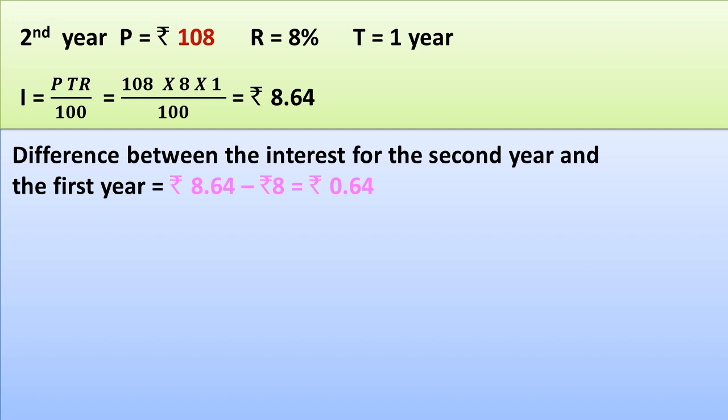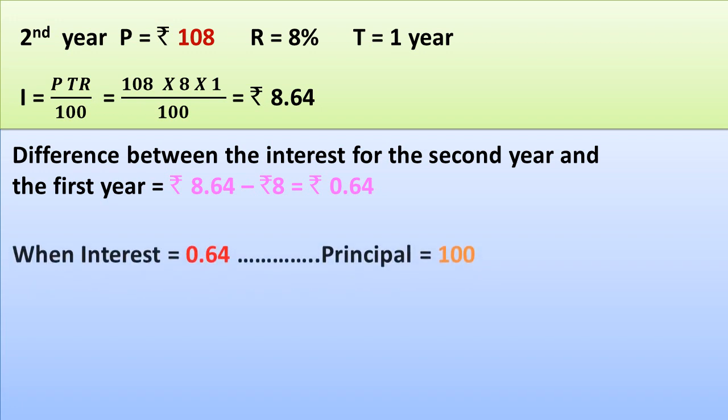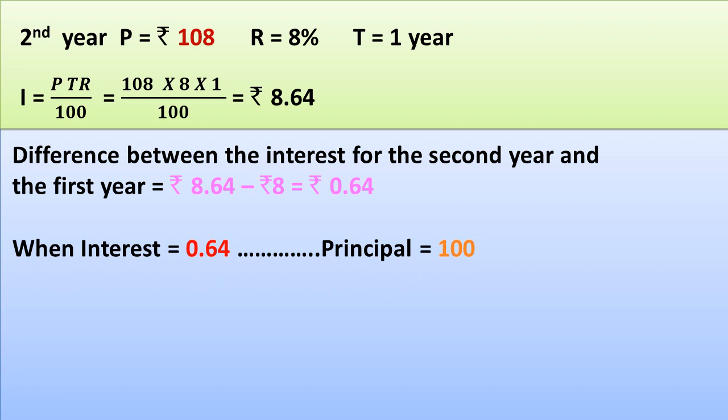So this 0.64 is the difference between the interest of second year and the first year on the principal amount of rupees 100. That was our assumption. But in the question it is given that for the money lent, the difference between the interest of second year and first year is given as rupees 96.